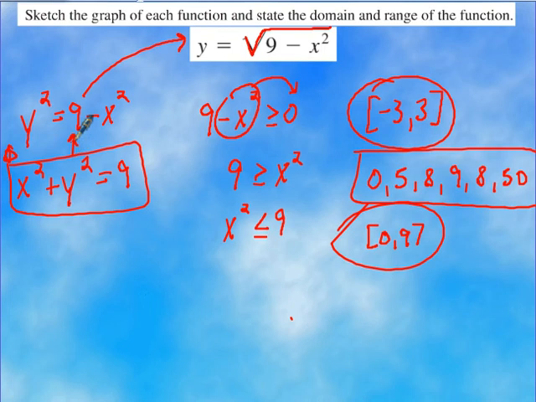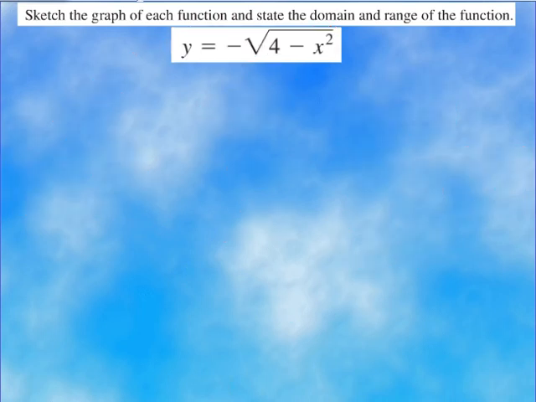Because if you actually wanted to graph this circle working backwards, when you square rooted the other side, you would have to put what with it? Thank you, plus or minus. And there's no plus or minus here. This is a circle, but it's only the top part of the circle. It's only the positive part. That's what they're asking you to graph. Pretty much that's a semicircle. A semicircle is a function. As soon as you do this, not a function.